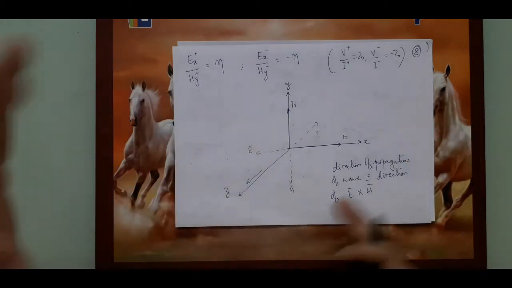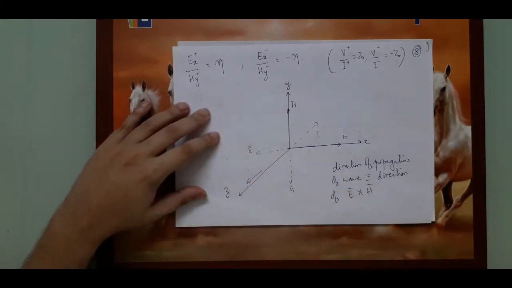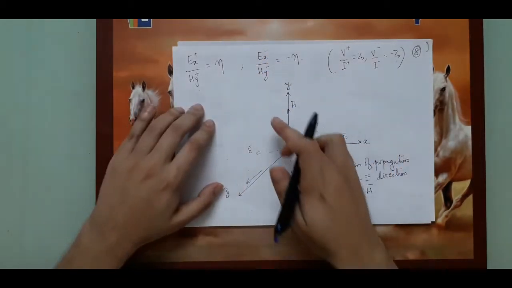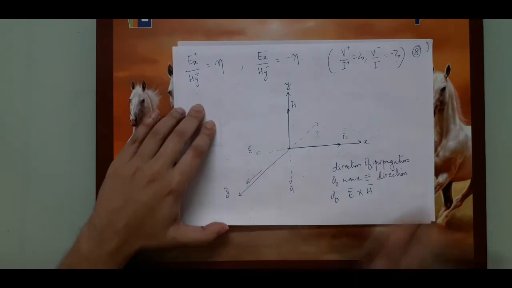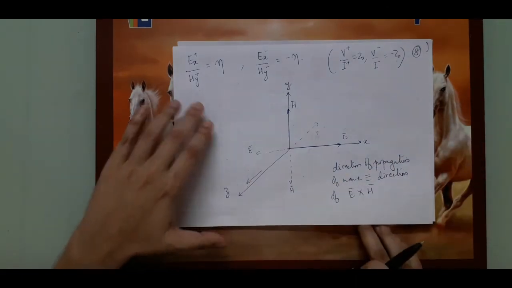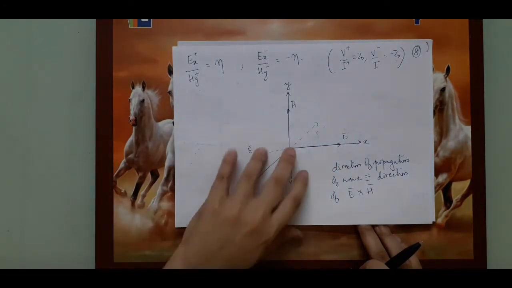In general, we have now proved that any two orthogonal E and H vectors would give me a wave which is traveling in the z direction. Now, the nature of those E and H fields may be something more complex. That's okay.